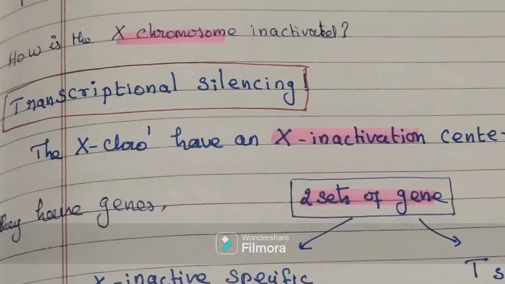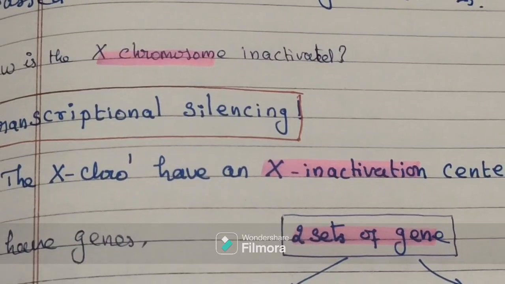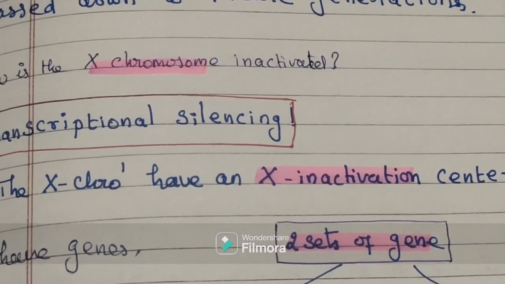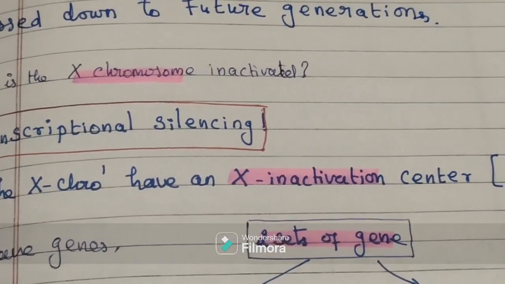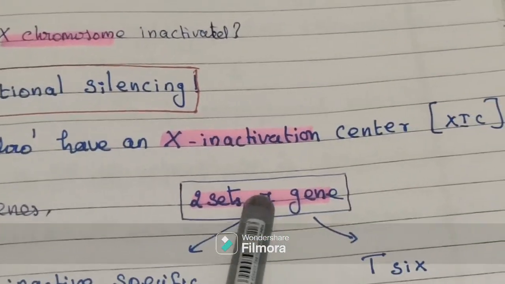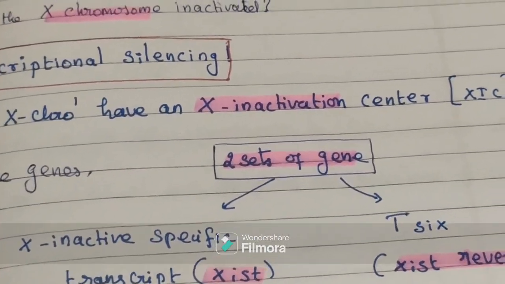This is the process called transcriptional silencing. The X chromosome has a center called the X inactivation center, XIC.